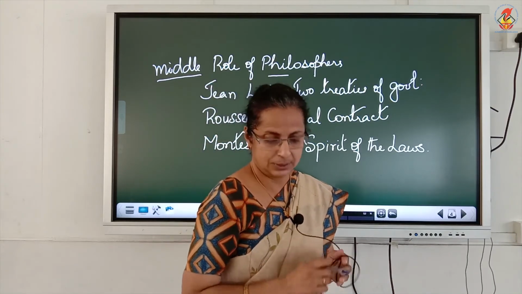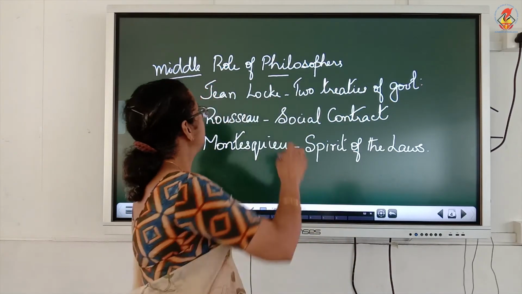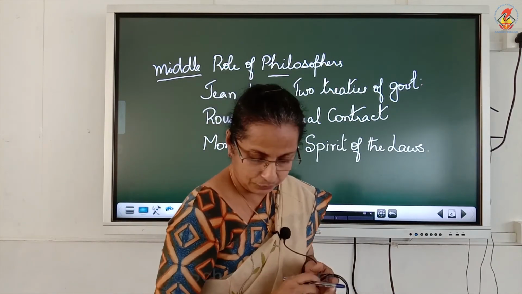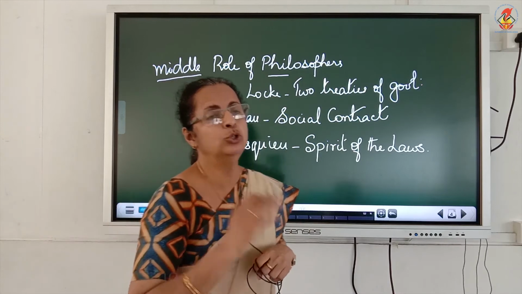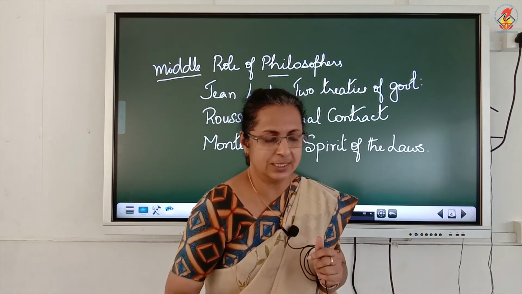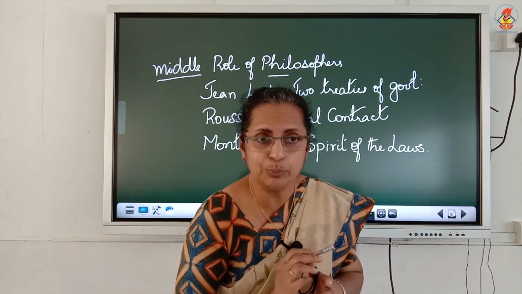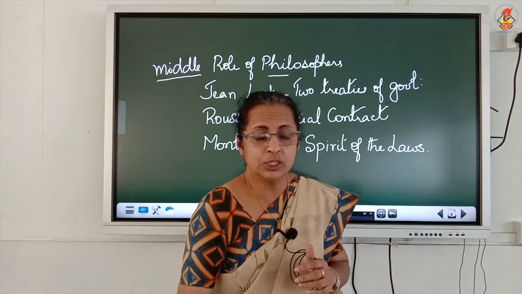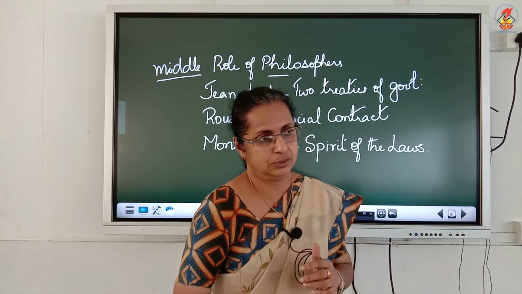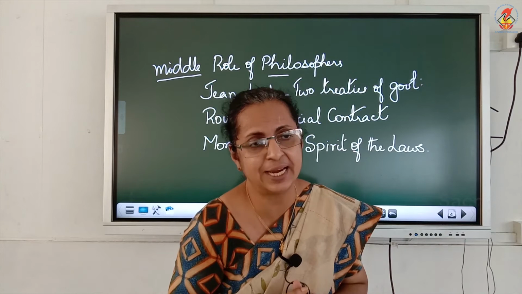So now, here comes the role of philosophers. They played a good role here. These social thinkers wrote in their books about the social and administrative issues related to France and its society.